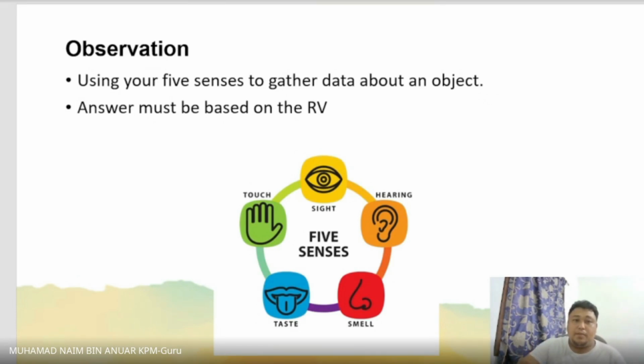Using your five senses to get data. So for observation, the question will ask you things like this. They give you pictures, they give you a question: what can you observe from this picture? Okay, I'll give you an example. I find a picture for you to look at.